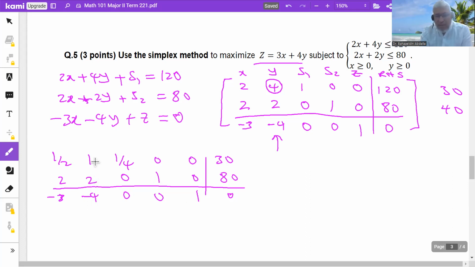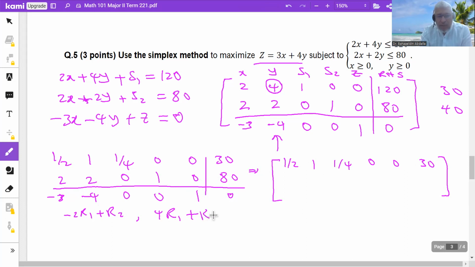So negative 2R1 plus R2, and 4R1 plus R3 to change negative 4 to 0. So I will get now to the second matrix. The first row is not changing, and the second row will change. Negative 2 times half, negative 1 plus 2, that's 1.